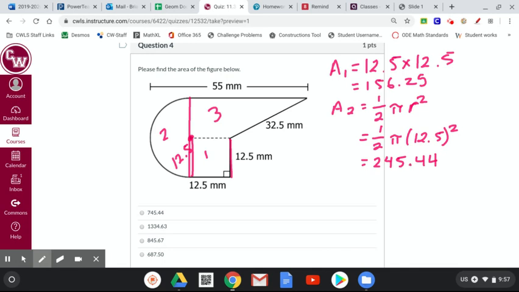All right. So area 3 is that trapezoid. So that's going to be 1/2 height times base 1 plus base 2. All right. So when we do that, the height of the trapezoid is just going to be 12.5.